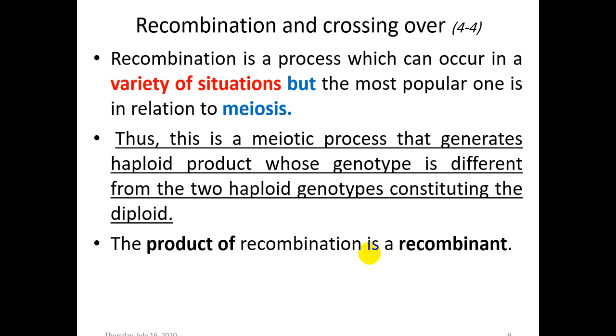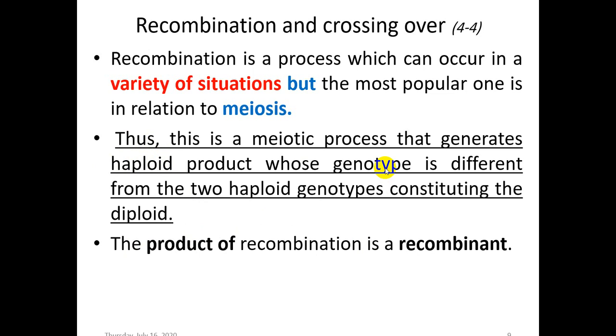Thus, this is a meiotic process that generates haploid products. Haploid is half the number of chromosomes, like in human beings, it is 23. So it generates 23 in each sperm or each ovum, whose genotype is different.